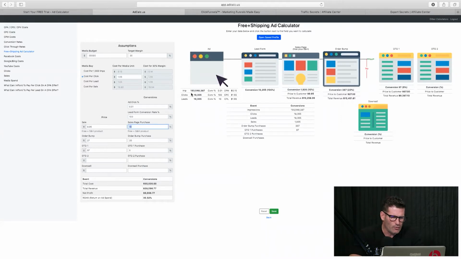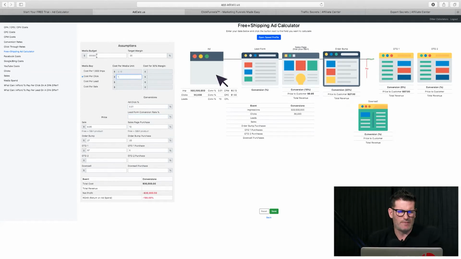All right, so here we go. Let's remove that for the moment in the lead form conversion rate, and let's stay with, okay, $1. Let's go back to paying $1. We're gonna spend $50,000 on media for the month, for the day, whatever you wanna do, and I wanna work on 30% margins, great.